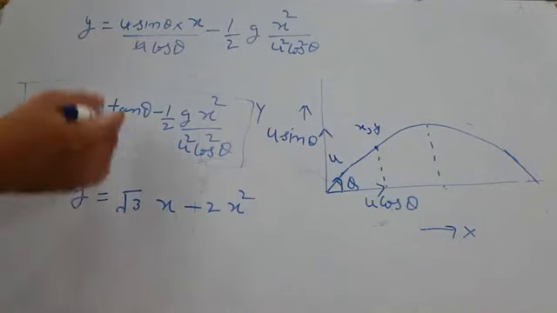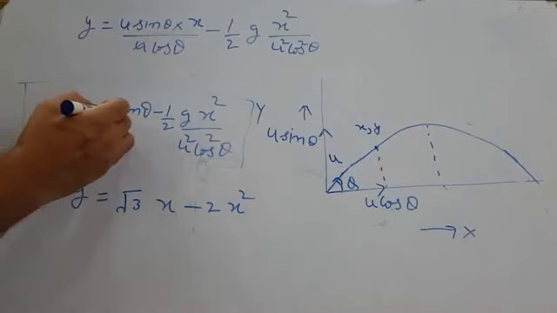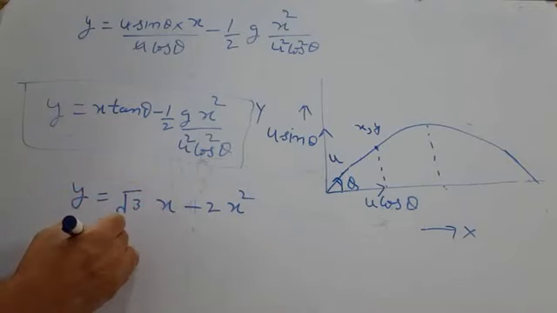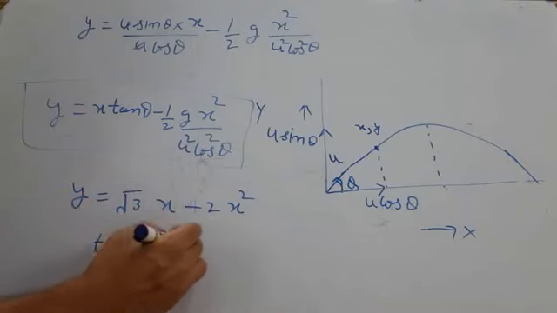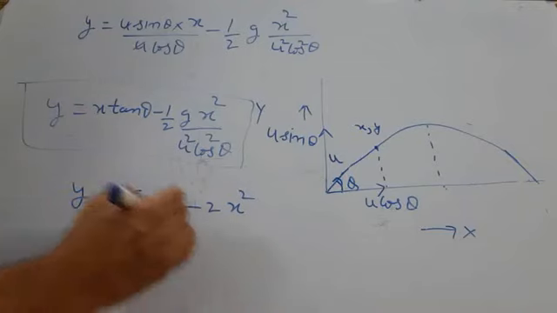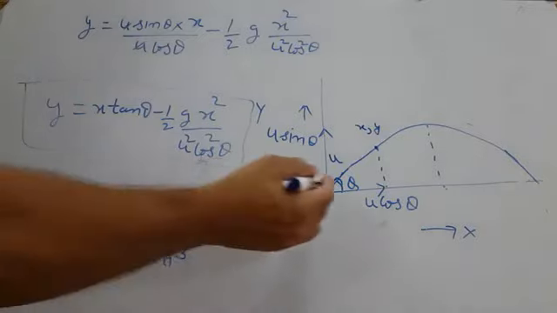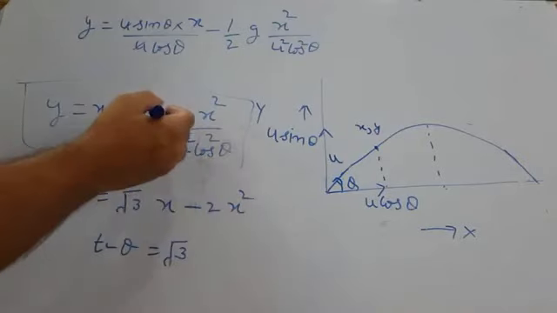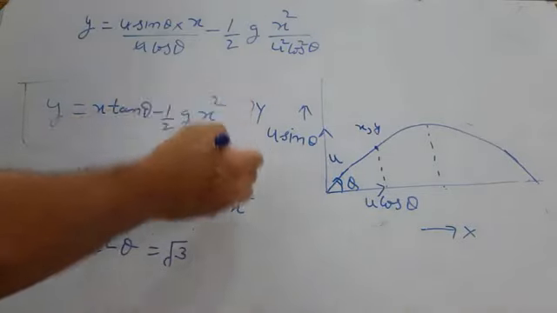Compare this equation with the standard. X tangent theta is under root 3 x. So what will be tangent theta? Tangent theta is under root 3. It means we know what will be angle theta. It means we know the angle of projection. And the sign of the coefficient is negative, that is also negative. It is x square, it is x square.